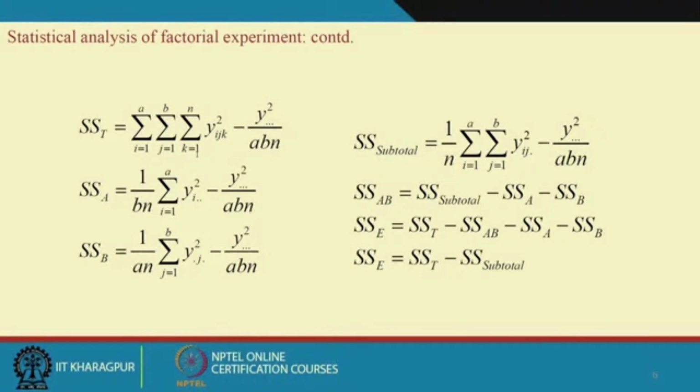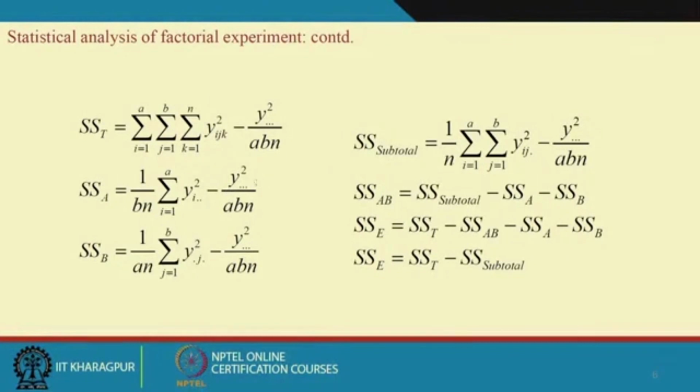Then SSA will be the sum of squares of the row totals divided by the number of observations, minus this correction factor. I am saying correction factor; this is basically the correction factor for mu. Then similarly SSB, these three you have seen earlier.